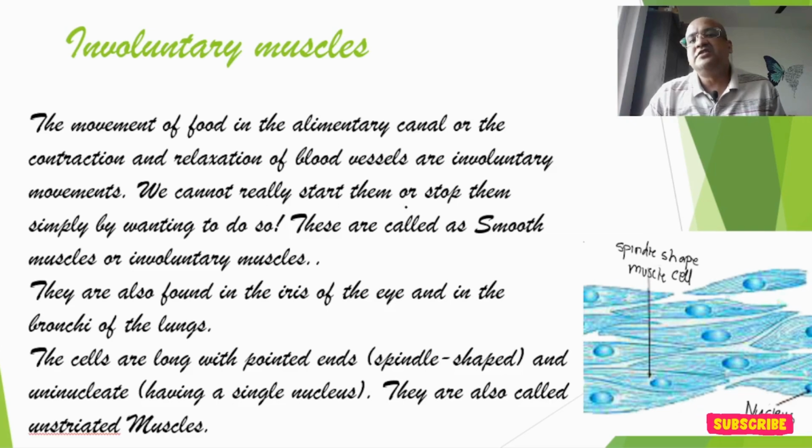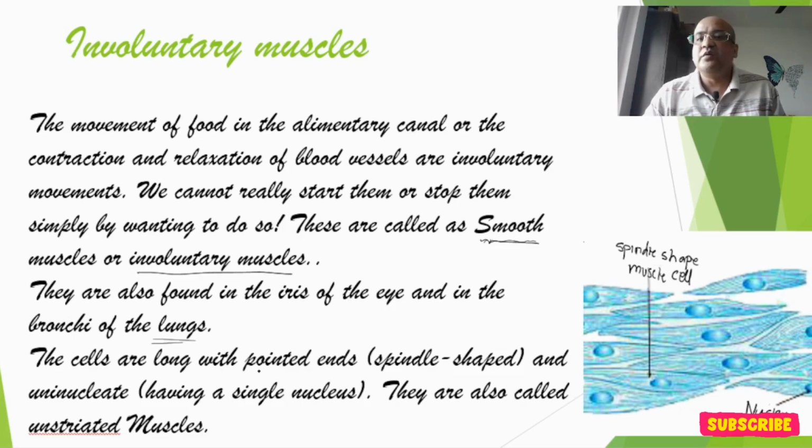We cannot really start them or stop them simply by our own will. These are also called smooth muscles. They are also found in the iris of the eye and in the bronchi of the lungs.